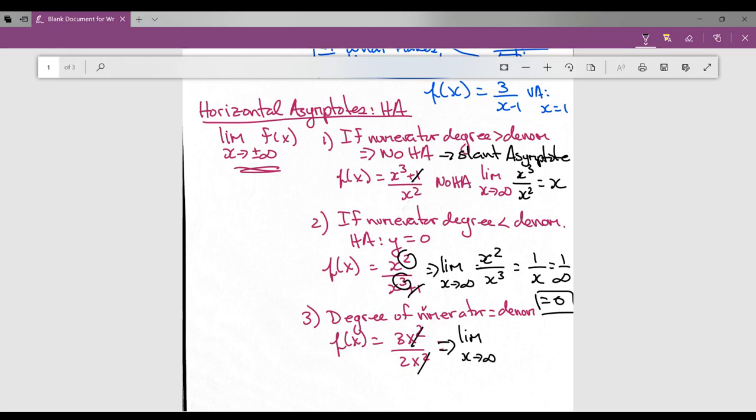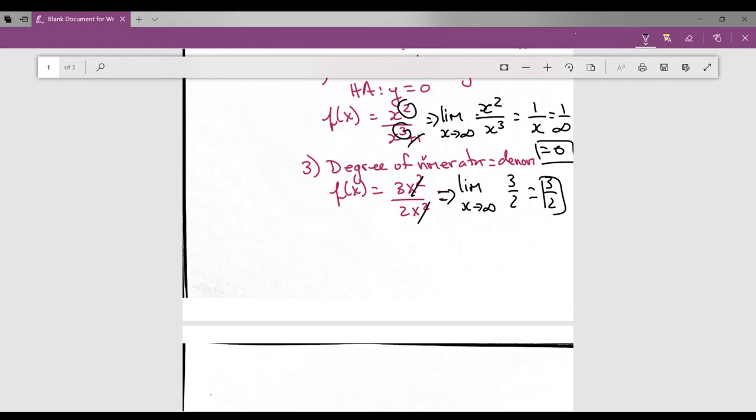These will cancel out, x squared over x squared, of 3 halves. Should not have an equal there. Of 3 halves. And the answer would just be 3 halves. In other words, it is the leading coefficients. Pull your horizontal asymptote. Just put it right here.